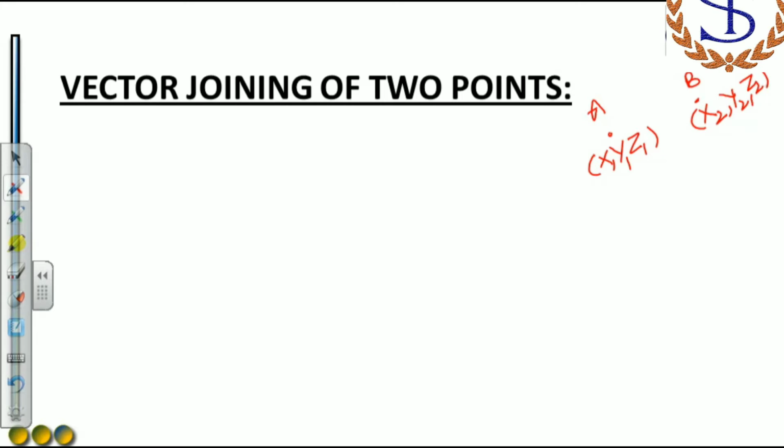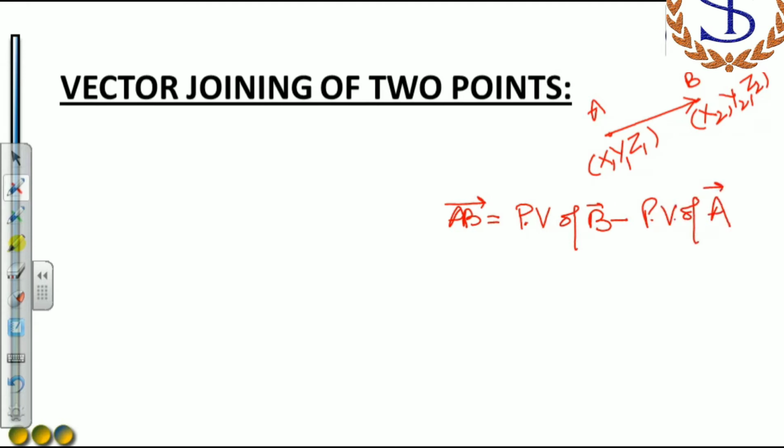So what are the components of this AB vector? First of all, see what the AB vector is. How can you find this AB vector? Simple. To find any vector AB, there is one particular method: position vector of B minus position vector of A.